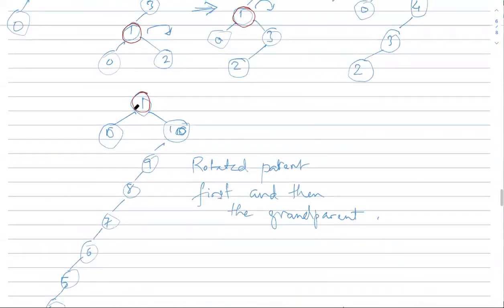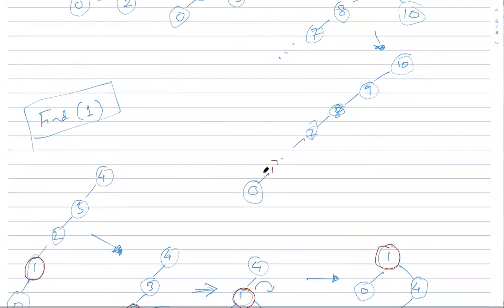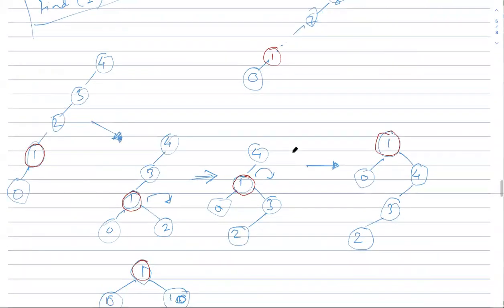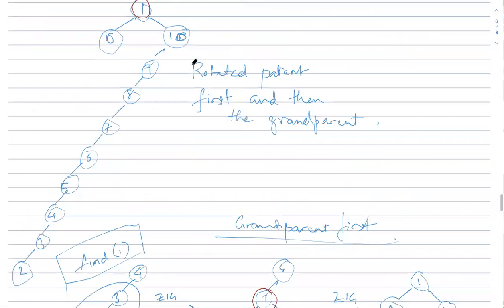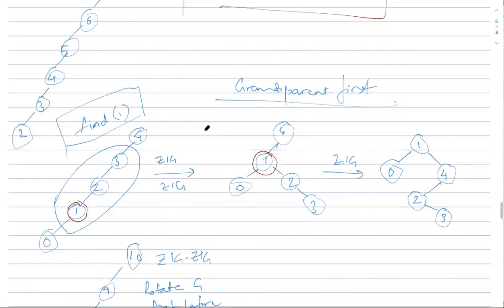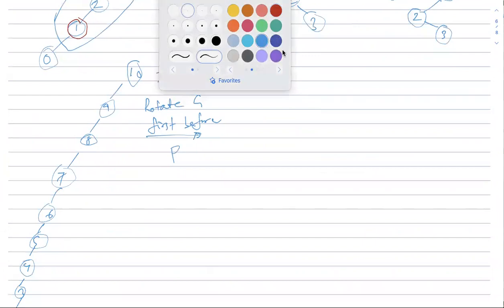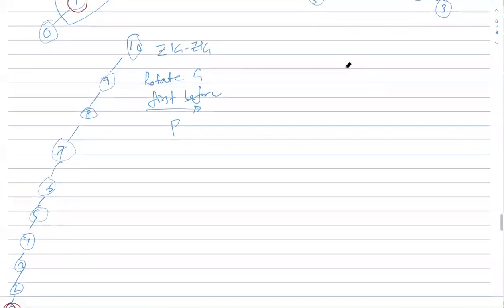Here also the focus is on 1, which we are splaying. With the rotation parent first, we reached this configuration. So now let's see what we get when we rotate around the grandparent.